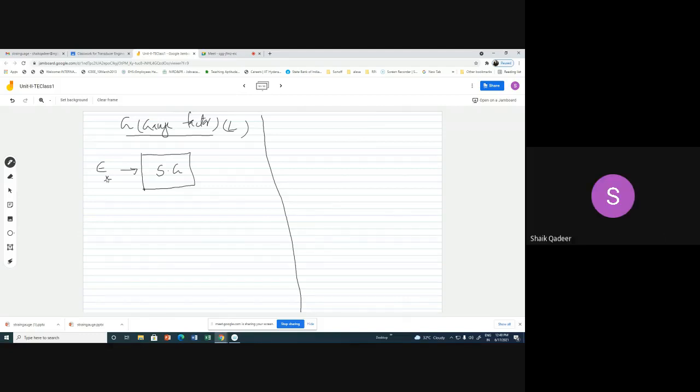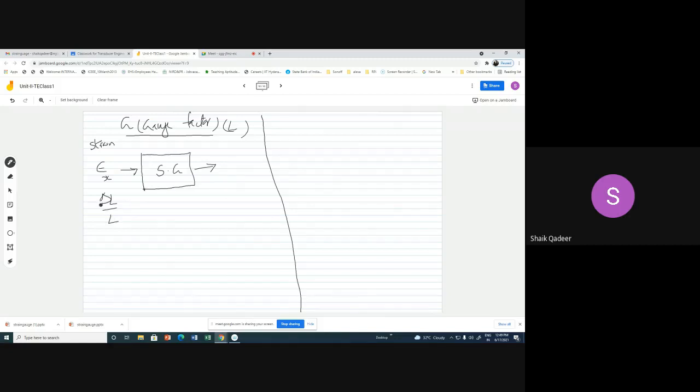Strain is not a measurable quantity, so we use a metallic or semi-metallic device which converts this applied strain into equivalent resistance.